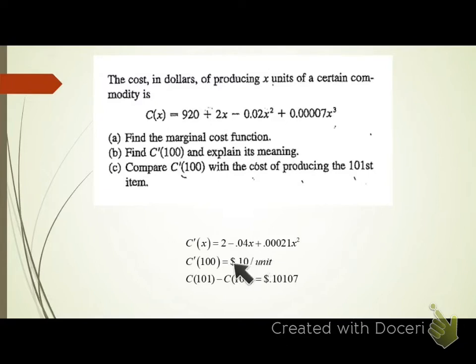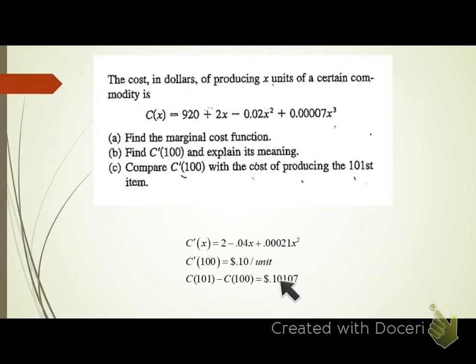What does that mean? This is important. C prime of 100 means it would cost me 10 more cents to produce the 101st, the next item. Compare the c prime of 100 with the actual cost of the 101st. So the actual cost is the cost of 101 minus the cost of 100.